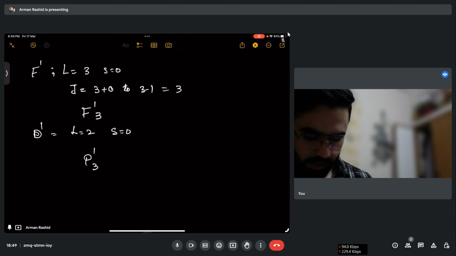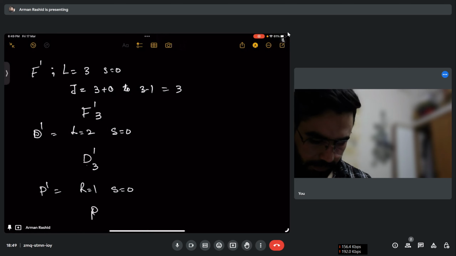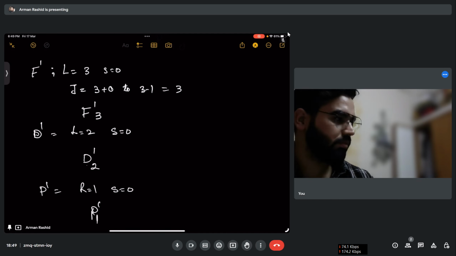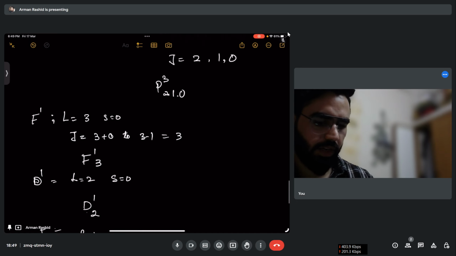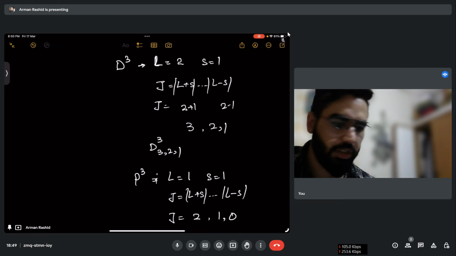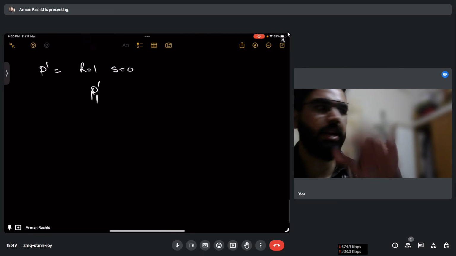For P1, you will see that we have only one state. So we have calculated all the states that are possible, since a single electronic configuration can have multiple states.